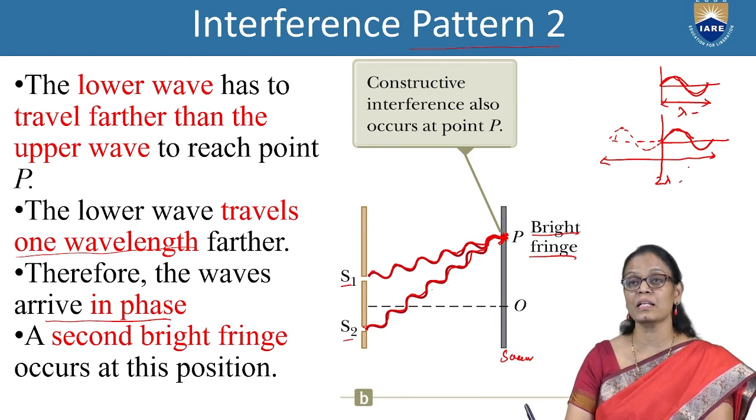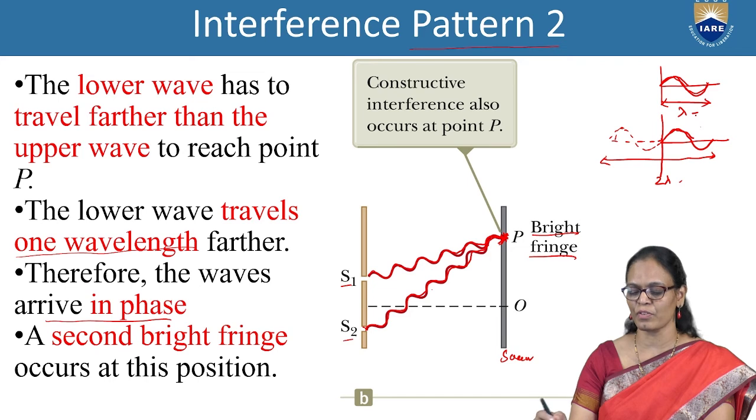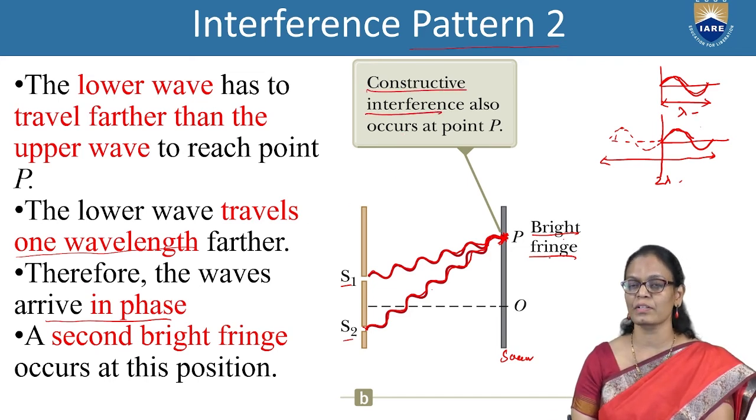But the difference is lambda, one wavelength. So therefore the crest falls on the crest and the trough falls on the trough. So they are in phase. Because they are in phase, there is constructive interference. And because of the constructive interference, there is a bright fringe. So a second bright fringe occurs at this position. Already we have a bright fringe here. So there is one more bright fringe at this point P.